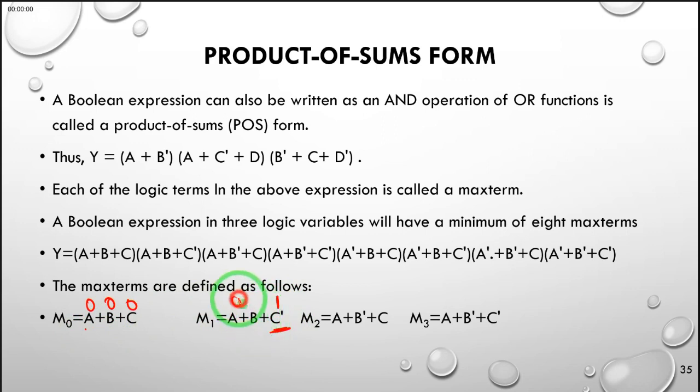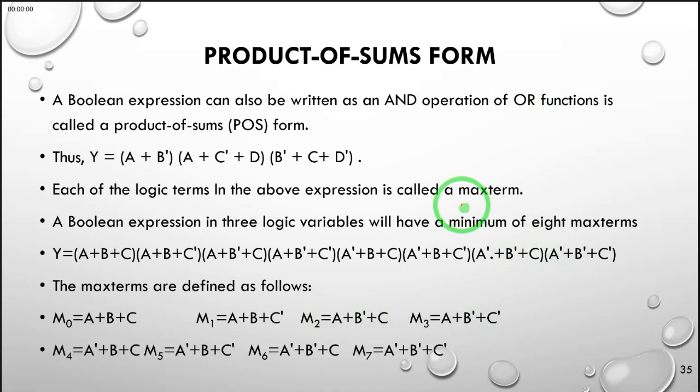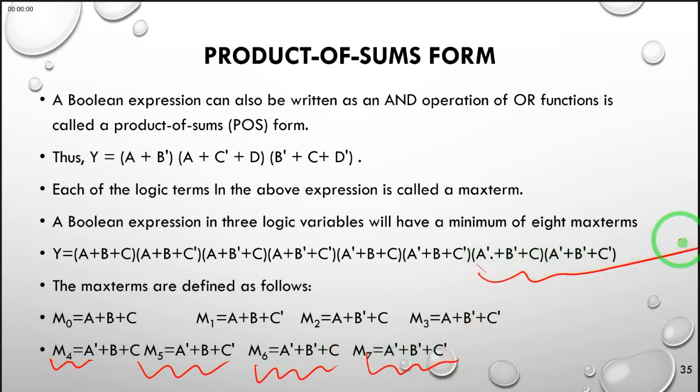For that reason, you can say that 001 represents max term 1. Similarly, 010 is equivalent to max term 2, and 011 is equivalent to max term 3. Finally, the others are represented as follows: max term 4, max term 5, max term 6, and max term 7, just like I showed you earlier.